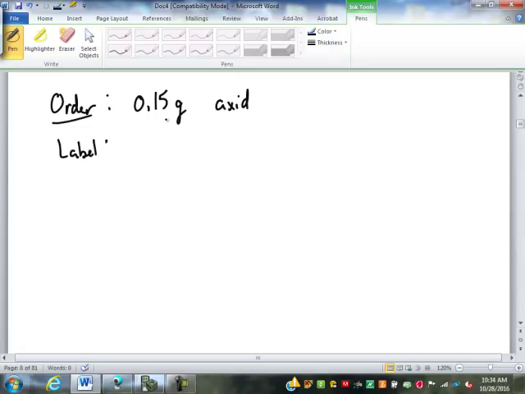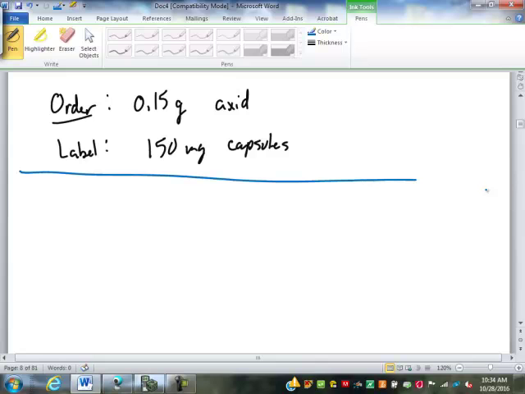The label on our bottle says 150 milligram capsules. So we start out with our order of 0.15 grams.